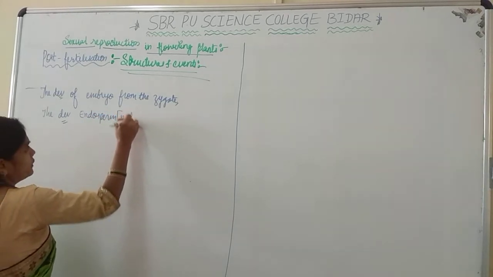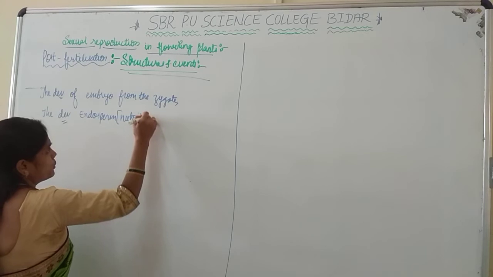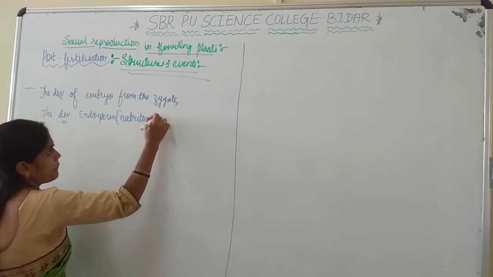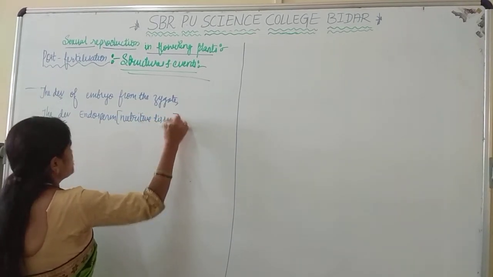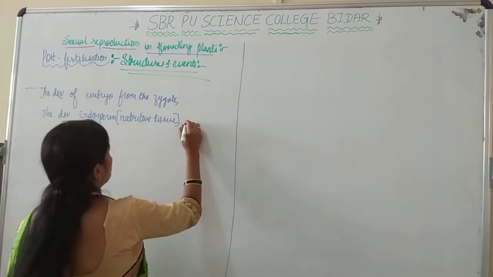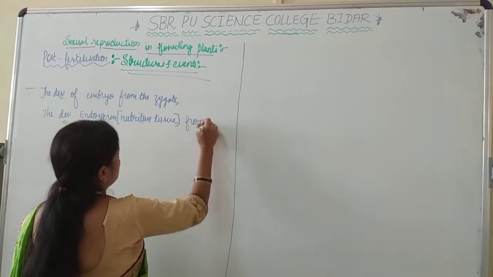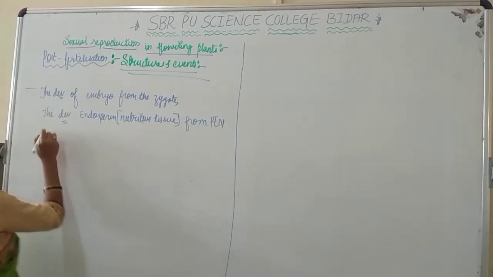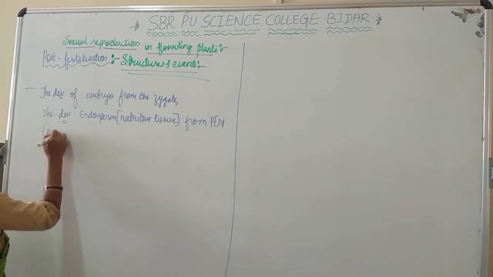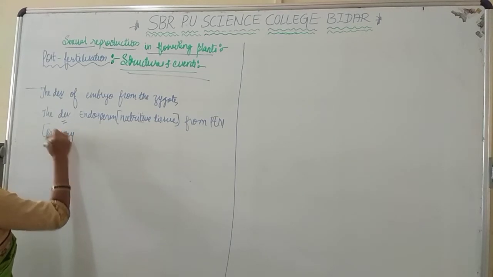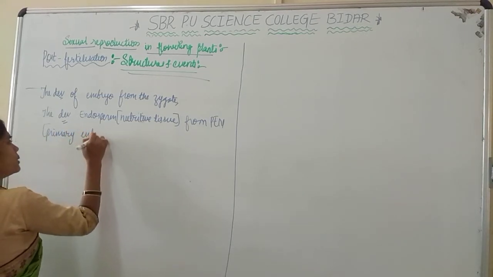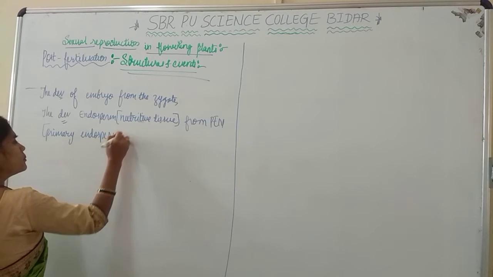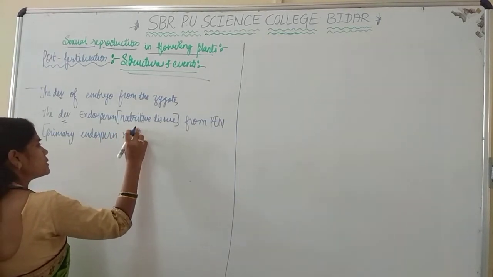Endosperm is a nutritive tissue. The nutritive tissue develops from PEN. PEN is nothing but the primary endosperm nucleus.